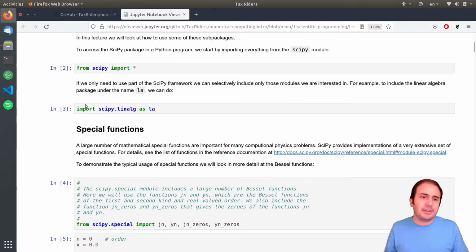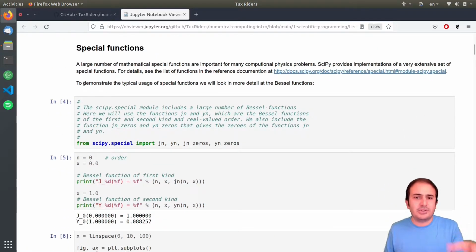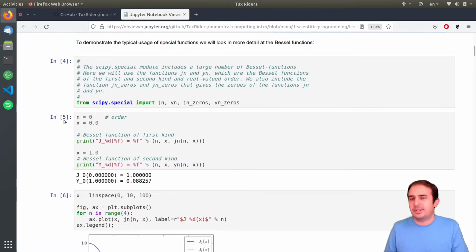So import everything from SciPy, and SciPy has different subpackages, or let's say namespaces, although in Python no one says namespace, but this is the same concept as namespaces in other languages. We import them all, and then this notebook starts with special functions, which have really good applications in machine learning. Machine learning libraries take advantage of this.